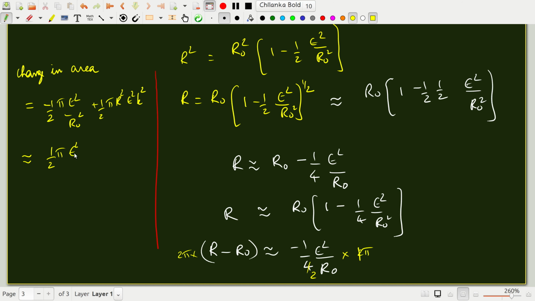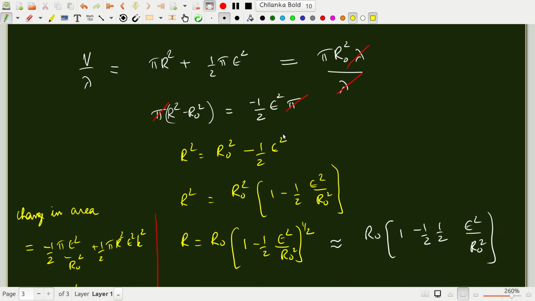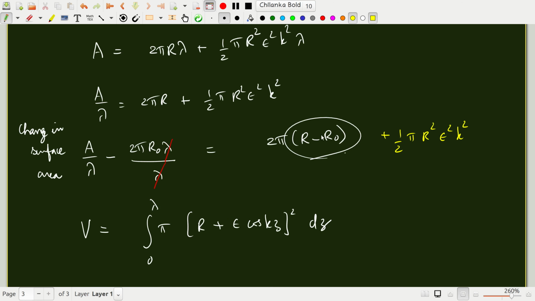okay, let me write half pi epsilon squared. Let me take it as common, and you will have... there is just one minor issue with respect to this is by lambda.